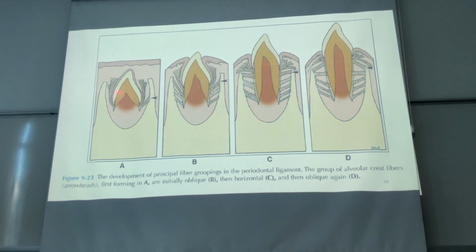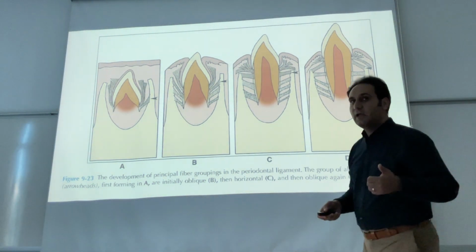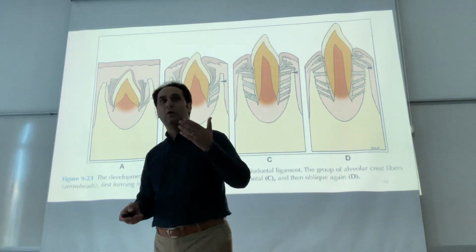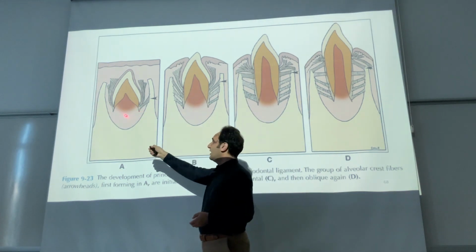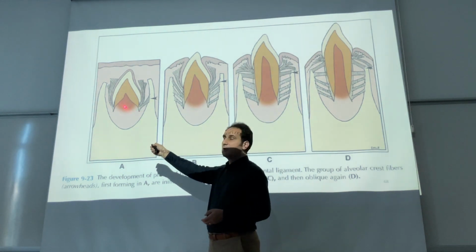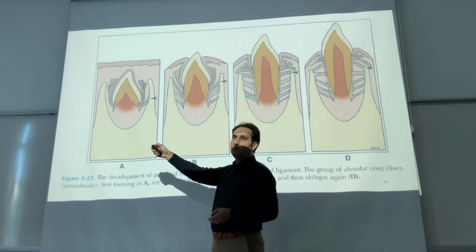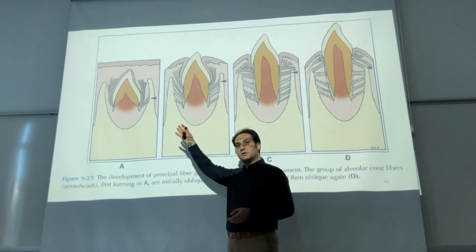Before root formation, look here, only the crest part of the tooth forms. Before root formation, what does it mean? Before the epithelial diaphragm, or Hertwig's root sheath, starts its function, or at the beginning of its function, our tooth goes into eruption.